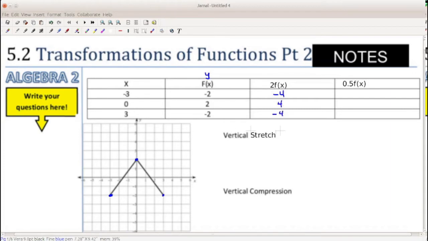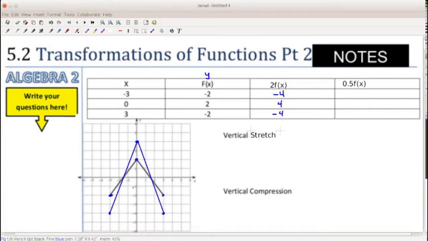And now I have the points (-3, -4), (0, 4), and (3, -4). If I connect those points as best I can, maybe take out a ruler, you get a new function that looks like this.